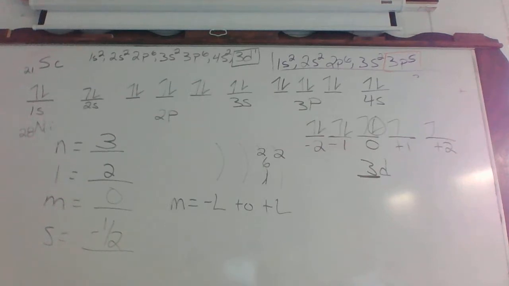Okay? So in increasing order, which block is the smallest with only 2 columns? S. Then P, so that's 1. D is 2, and F is 3. So there's 14 columns in the F block, so that's why there's 3.